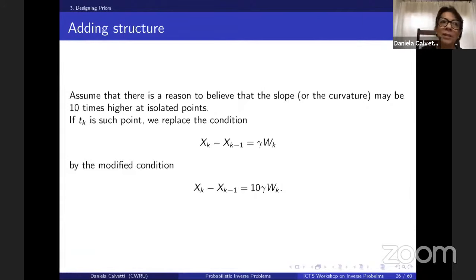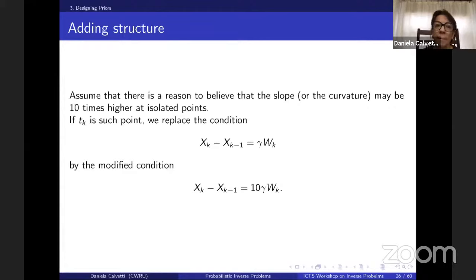That's the equivalent of saying that you expect that in correspondence of some events, the usual innovation will change and can become much larger here. So let's say that at some point we expect that the slope or the curvature are possibly as many as 10 times higher.